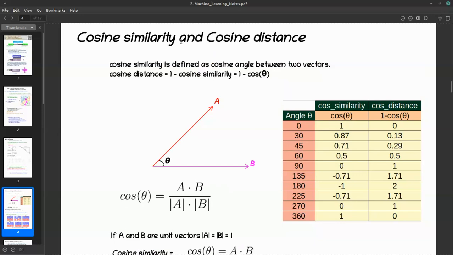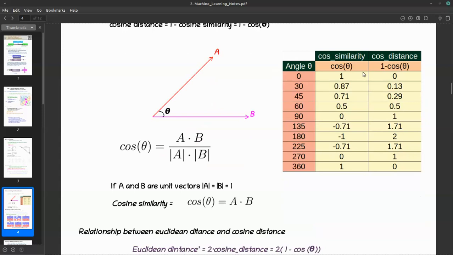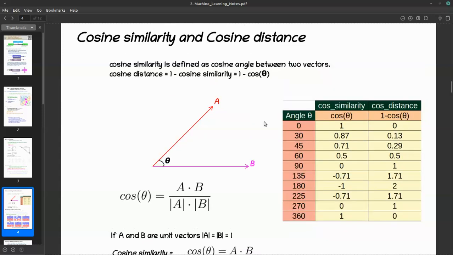Cosine similarity is simply cos theta, and cosine distance is 1 minus cos theta. It's easy to get confused, but if you are ever confused, think about what happens if theta equals 0, meaning a and b are very similar.